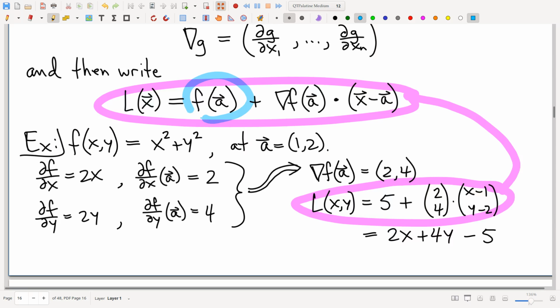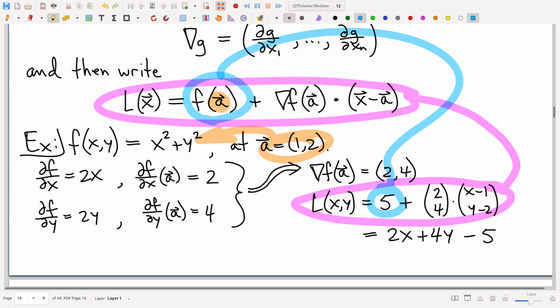I need to compute f of A. So I need to take my point A and plug it into my function f. And what comes out is that. Plug and chug, y'all can do that.